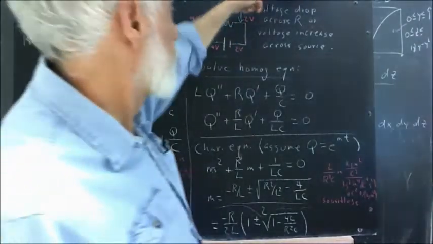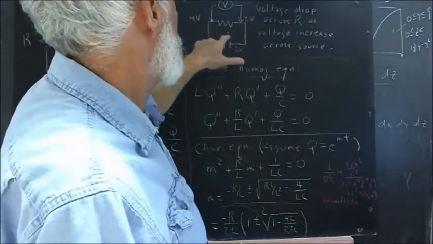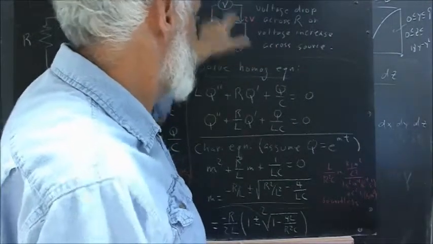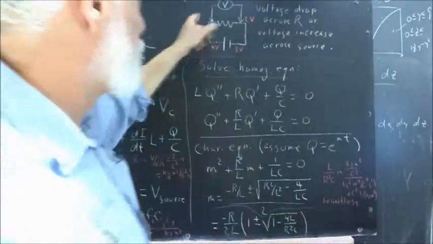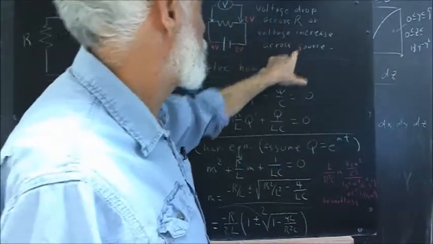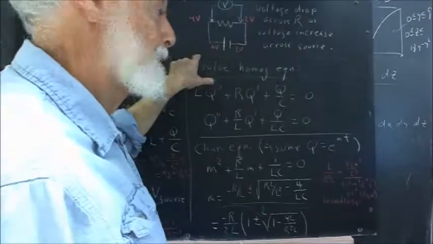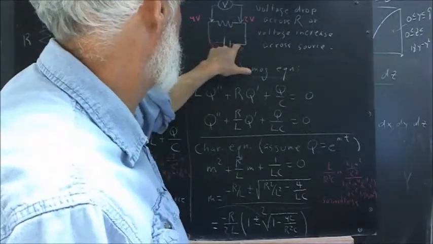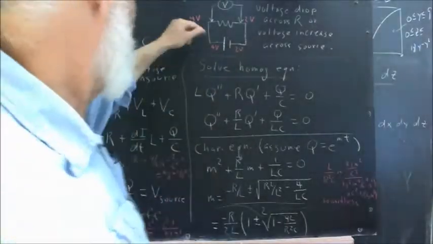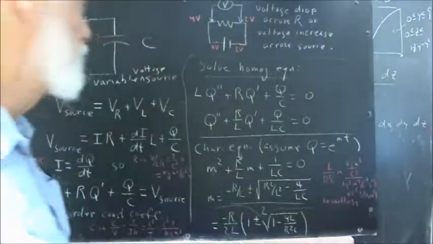So we're saying that this voltmeter is measuring the voltage drop across R, or the voltage increase across the source. Okay, because attaching the voltmeter here and here is no different than attaching it here and here. We could attach it halfway between if you wanted to, but it doesn't matter.